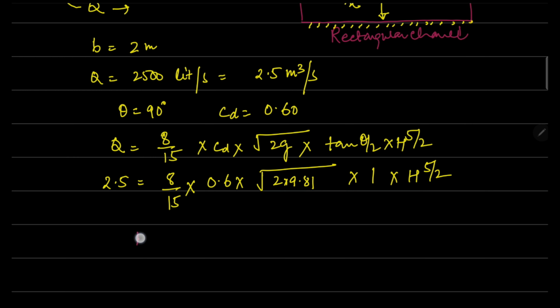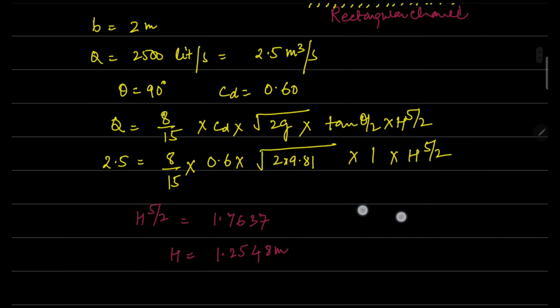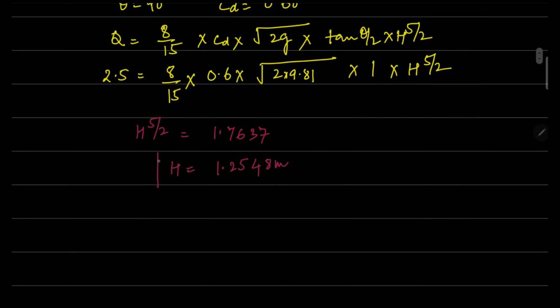So h raised to the power 5 by 2 comes out to be 1.7637. So this value will give h equal to 1.2548 meters. So h is known to us.